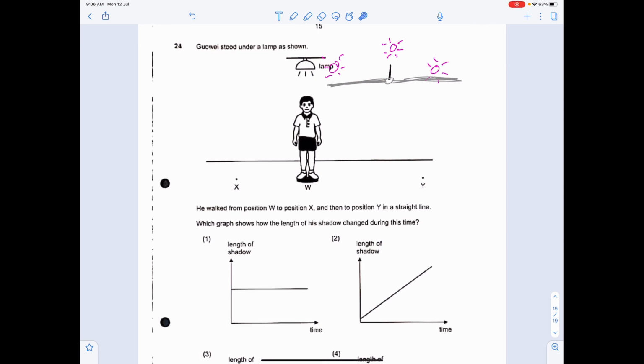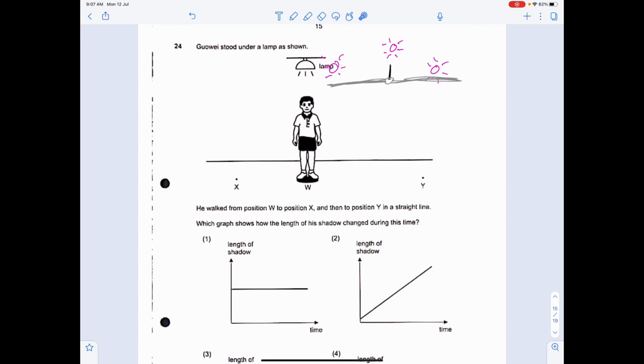So this is actually the same for this question. Let's take a look. He tells you that Guo Wen walked from W to position X. As you can see, Guo Wen is moving. At first he's right under the light source, so his shadow is supposed to be the shortest.